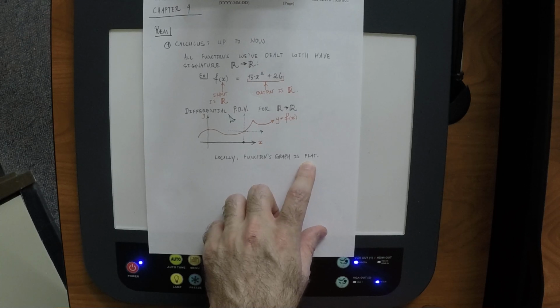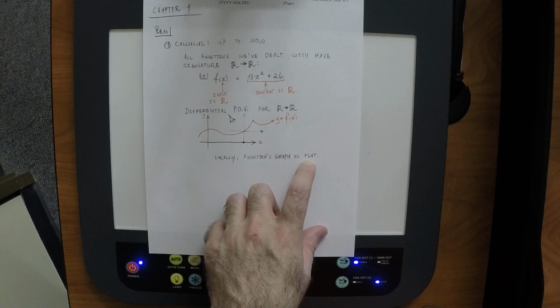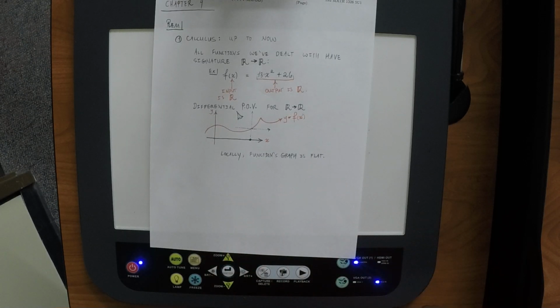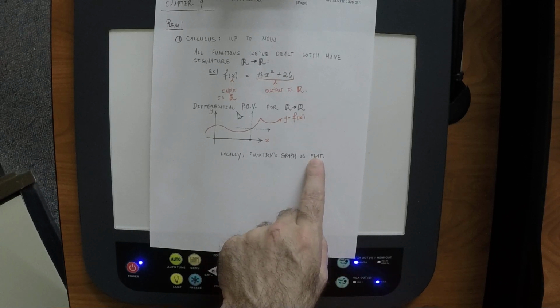When a mathematician says flat, they don't necessarily mean horizontal. The floor is flat, the wall is flat. They're both flat, but the floor is horizontal and the wall is not. So don't misunderstand this to mean horizontal.